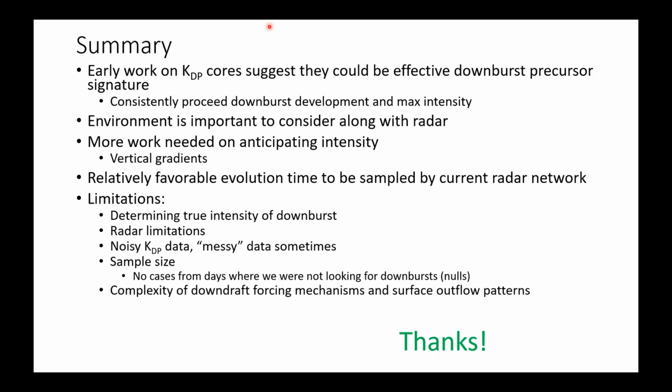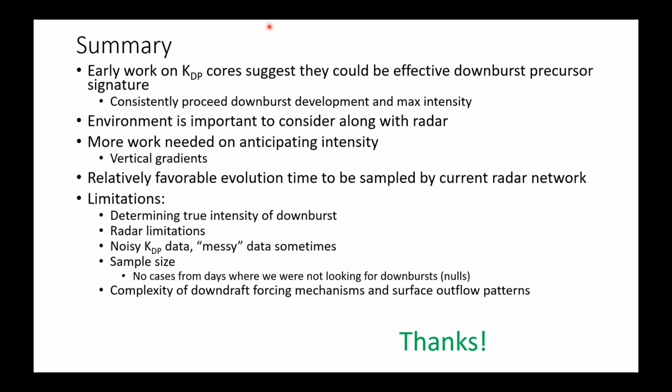So in all of the results that I showed, strong and weak downbursts were determined using a combination of storm reports and base velocity measurements, but we just can't say for sure how strong or weak a downburst is. So correlating the KDP core magnitude with downburst intensity has been challenging. KDP can be a little messy, a little noisy sometimes, especially when the reflectivity is lower.